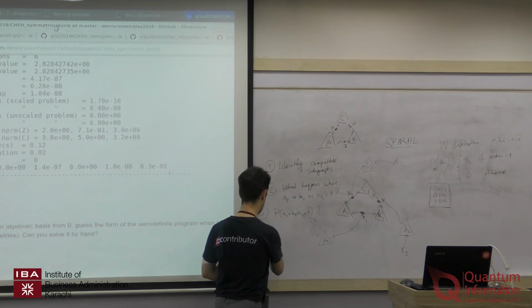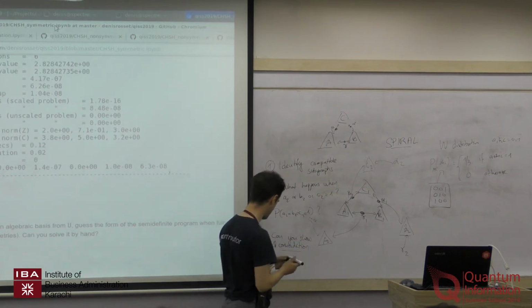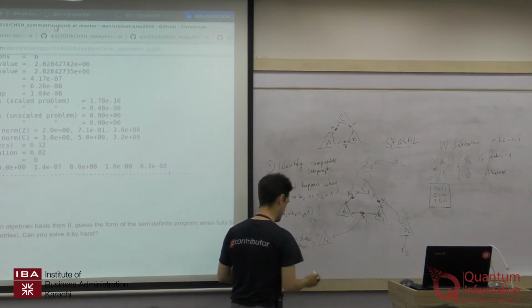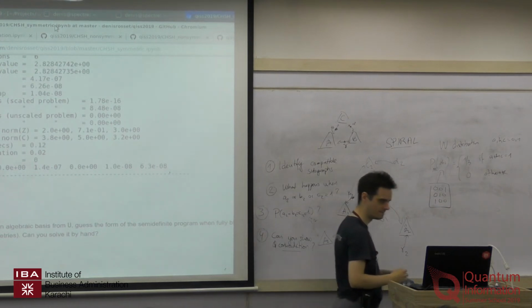And the fourth question is, can you show incompatibility, a contradiction? Actually, the answer is yes, you should find a contradiction there.